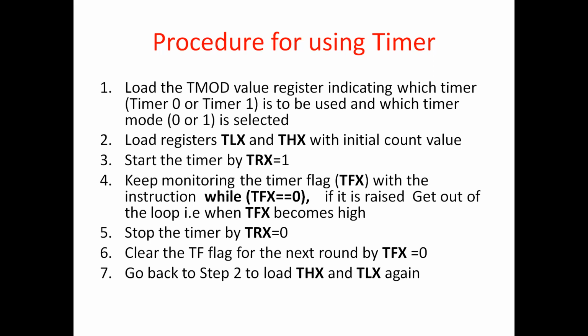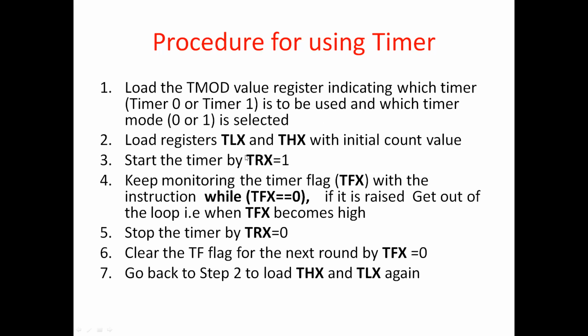So the value to be loaded in TH and TL registers will be the maximum count it can count minus the required number of pulses to be counted plus 1.